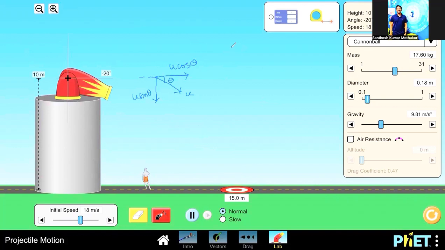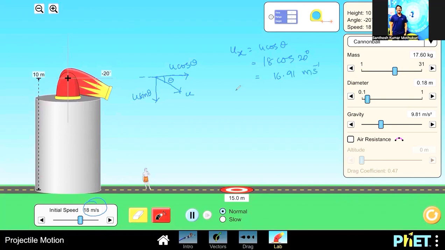So let us first write what is ux. ux is equal to u cos theta, and u is 18 meters per second, and the angle is 20 degrees. So 18 cos 20. When you use a calculator, it would give you around 16.91 meters per second.